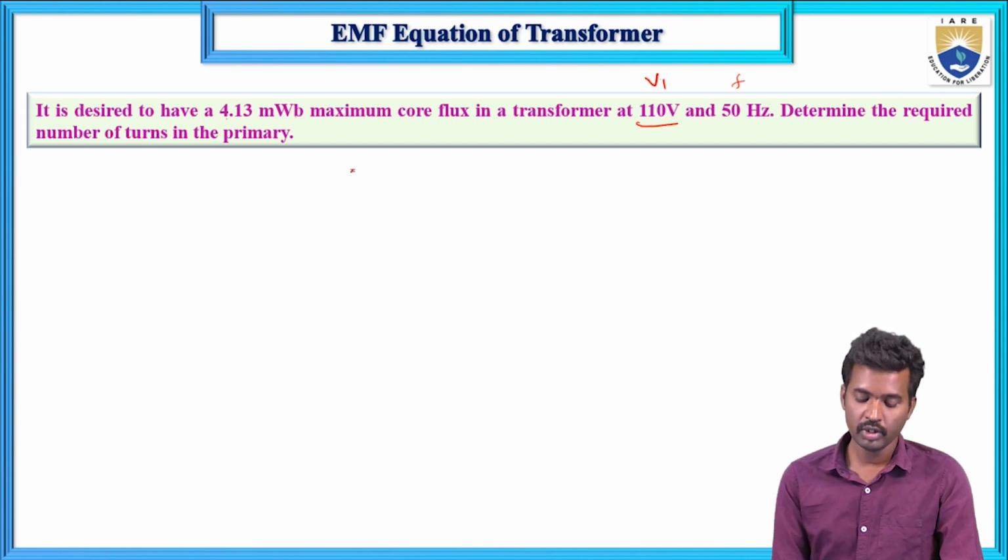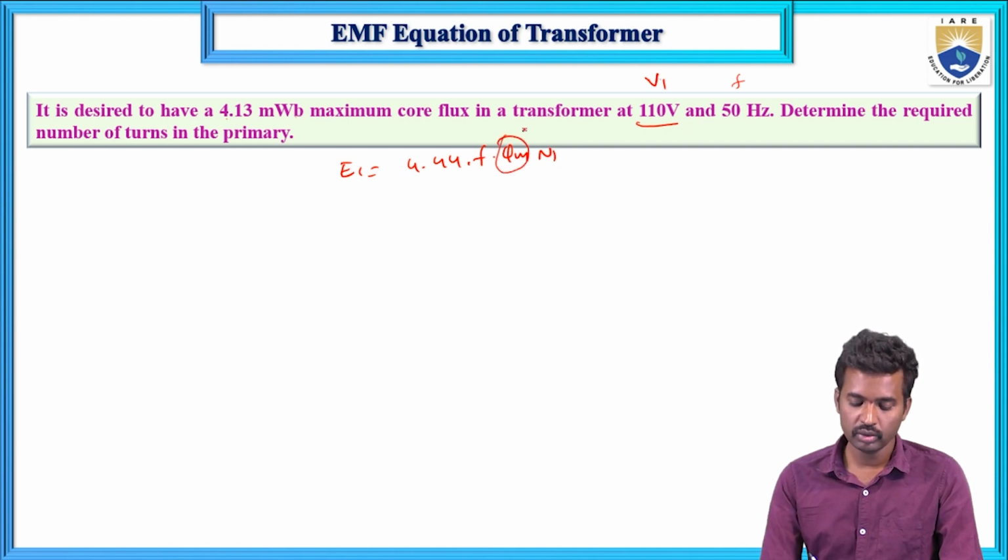Only one problem, and here E1 equals 4.44 into F into phi m into N1. Here we have the flux value, that is 4.13 milliwebers, and F equals 50 Hz, and E1 and V1 are the same. So this is 110 volts.